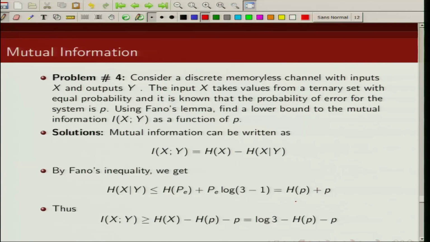So mutual information is H(x) minus H(x given y), which is lower bounded by subtracting this upper bound. So then the lower bound on mutual information is given by this expression. Okay.